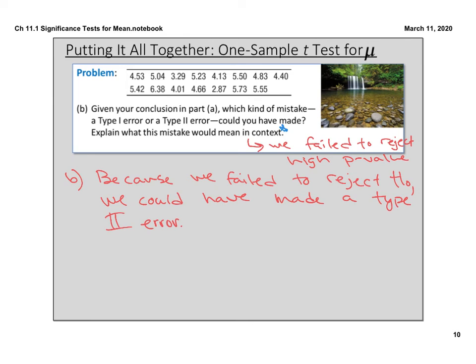If we did that in error, we could walk away from a stream that we think is safe and not do anything to try and help the stream improve, therefore leaving the aquatic life at risk. So that's what our error does to us.